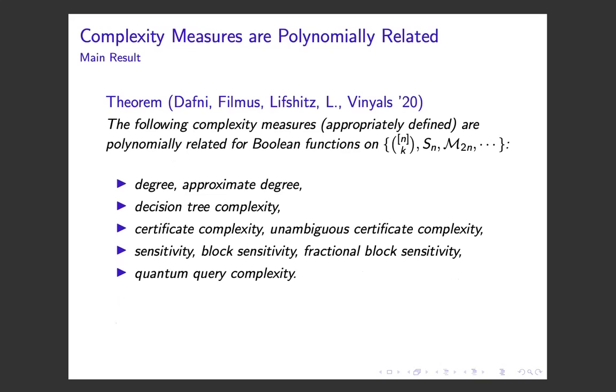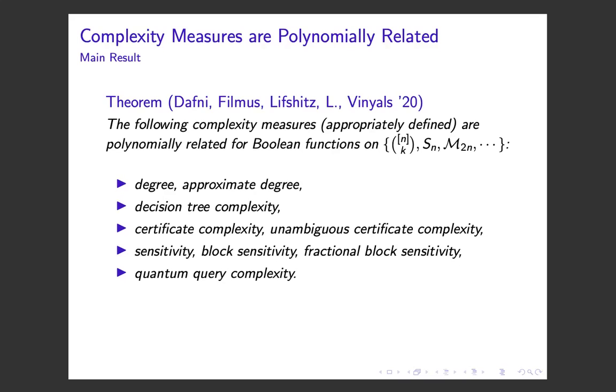Okay, so we're in a position to talk about our main result in this paper. The main result is that in this abstract simplicial complex framework, we have natural notions of the following complexity measures. So we have good definitions for these. And we're also able to show that they're all polynomially related, like we have for the hypercube.